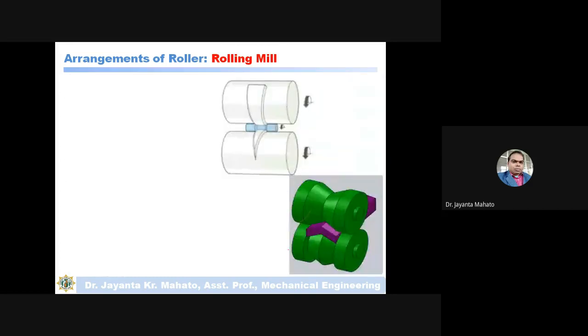Another shape can be produced by the rolling operation, not only simple thinning of the material. This type of half shape can be produced by rolling operation, and these are transverse rolling processes.